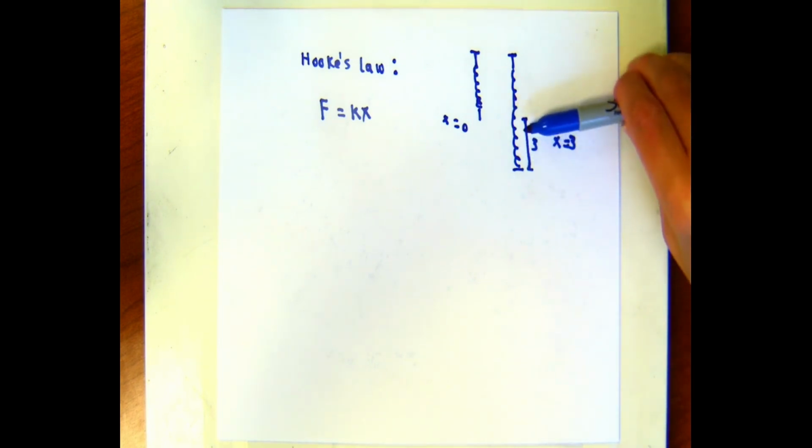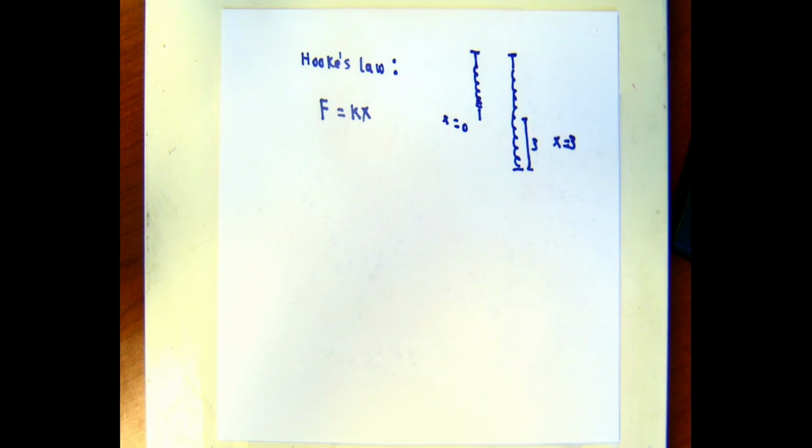So if I stretched the spring 3 feet from its equilibrium length, the force needed would be this constant multiplied by 3. Obviously, as x gets bigger, the force gets bigger as well. I want to work through an example that illustrates why you can't do something, and then we'll see what you actually do.